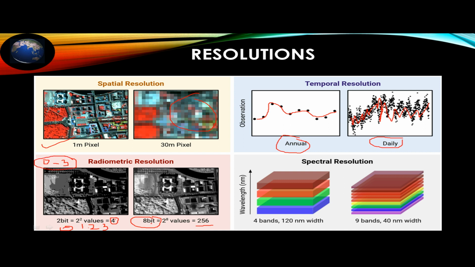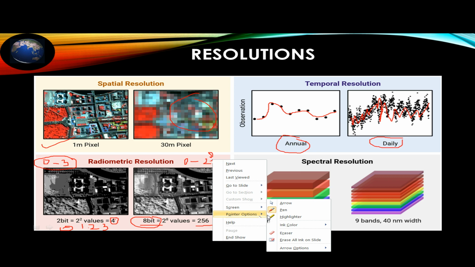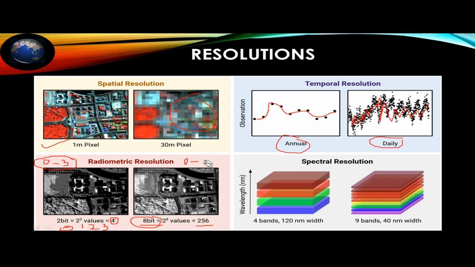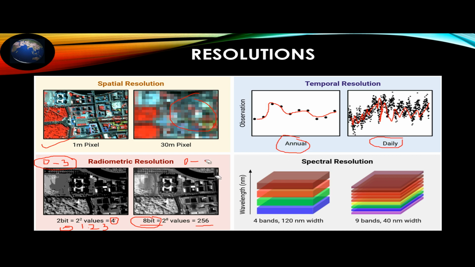But with 8-bit imagery, it varies from 0 to 255, because 2 to the power 8 is 256.